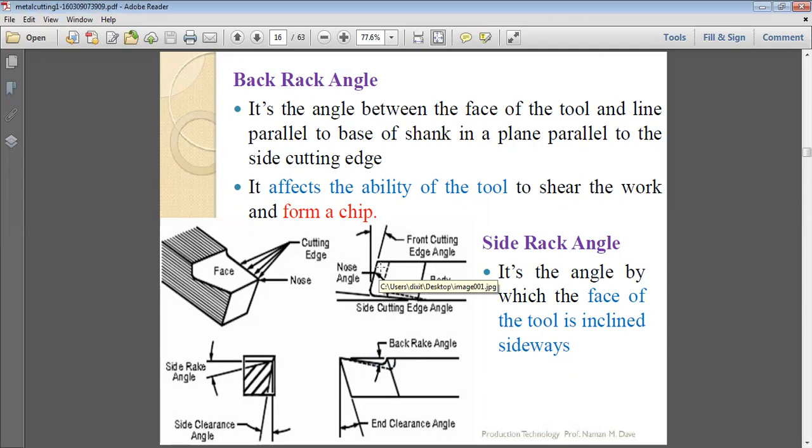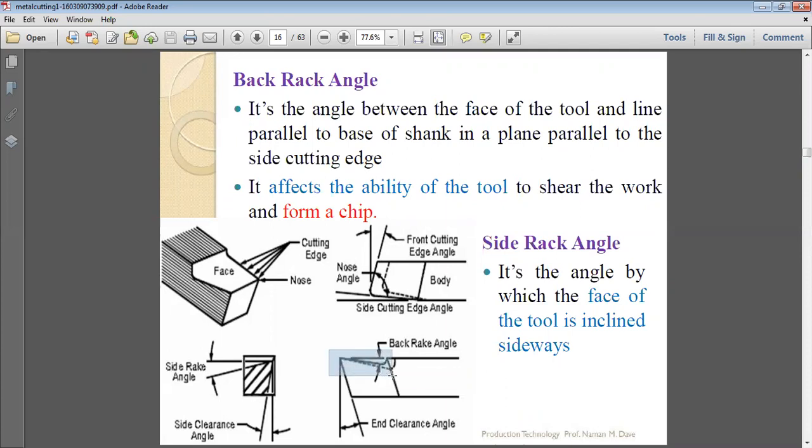So we can say the purpose of the back rake angle is that it helps the tool to shear the work. Clear? This angle will be striking onto the workpiece first. It will get to shear the workpiece, and the formation of the chip starts from here.